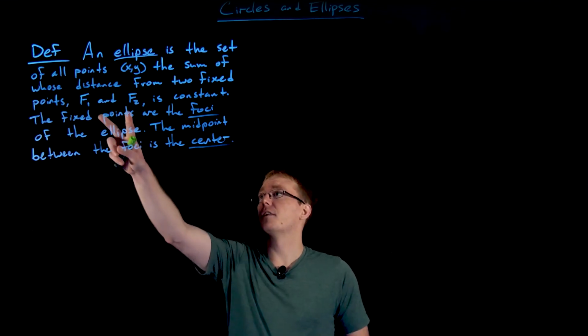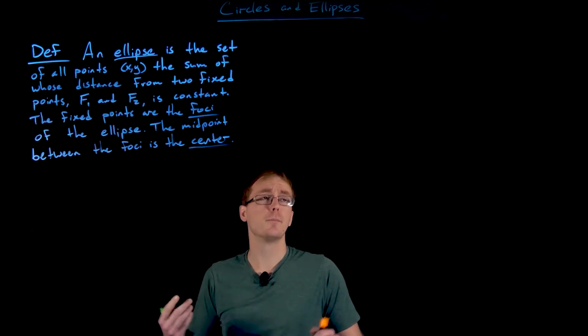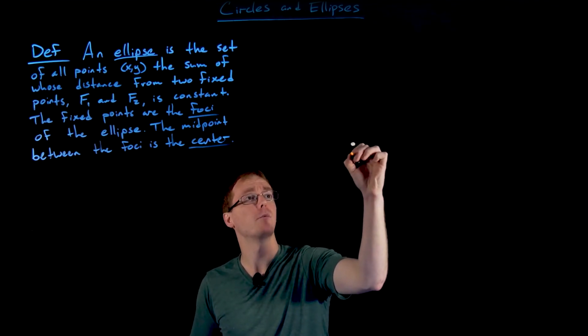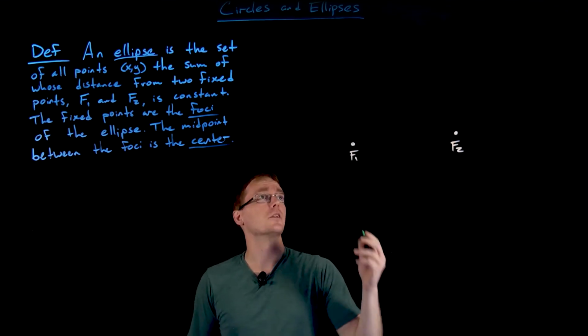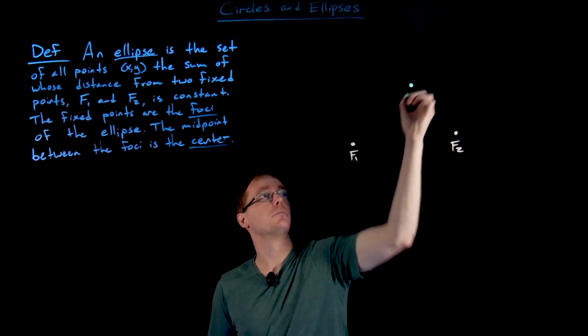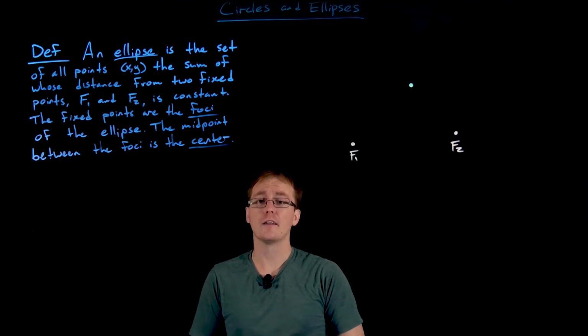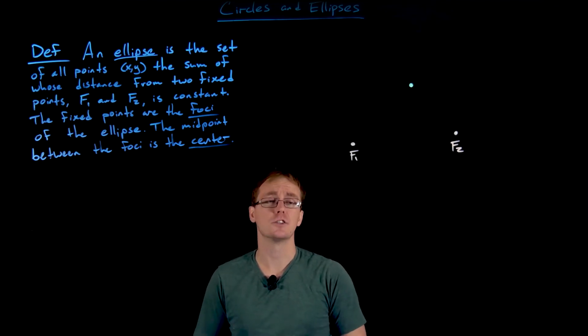Well, we start with not our center point like we did with our circle, but our focal points, f1 and f2. Let's say this green point is just one point that is on the ellipse created by our situation here.